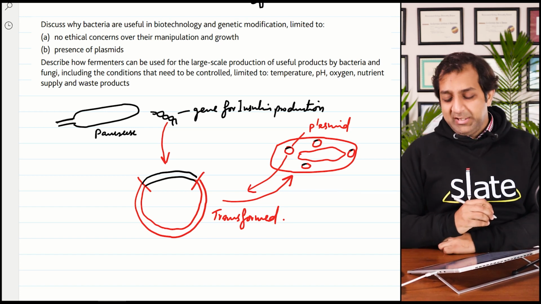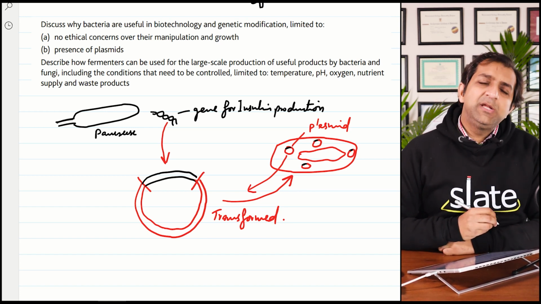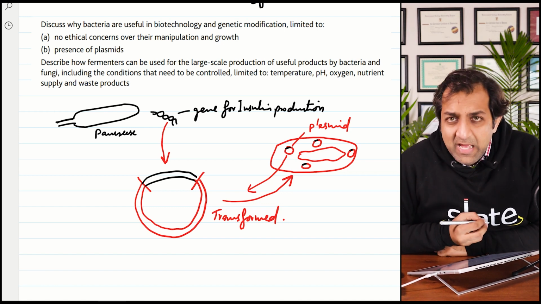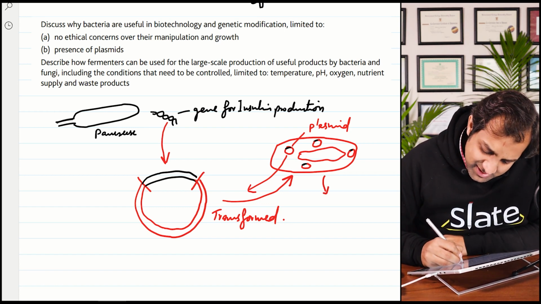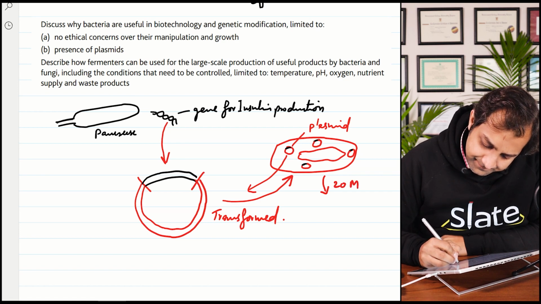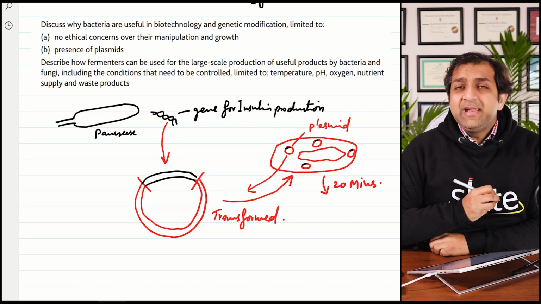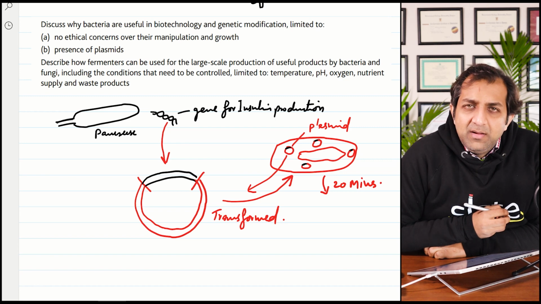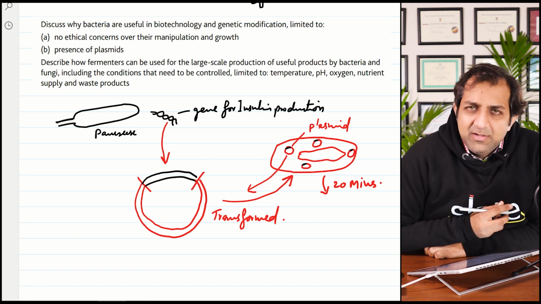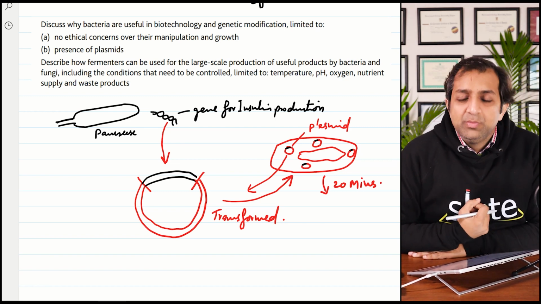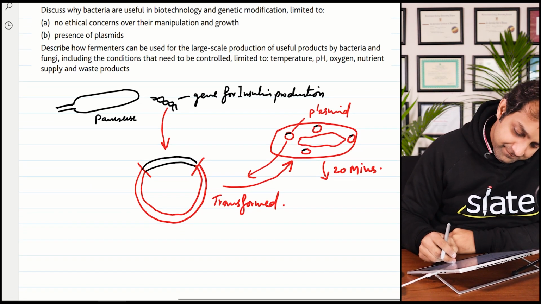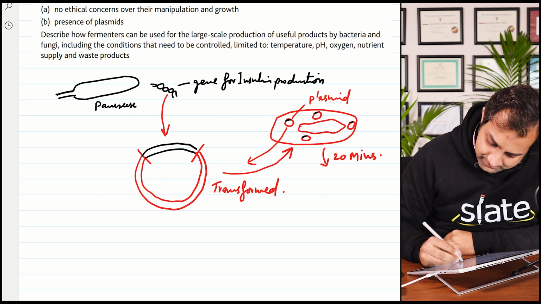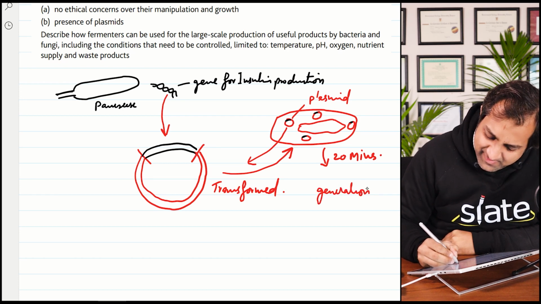First it is going to increase its copy number, and then the bacteria will grow, if you provide them with all the suitable conditions. It takes 20 minutes to replicate one cell into two, so they have a very short generation time.